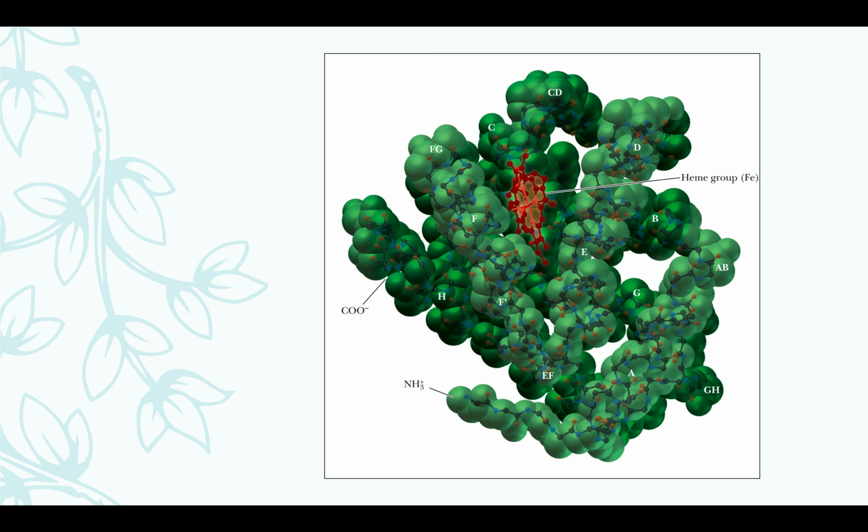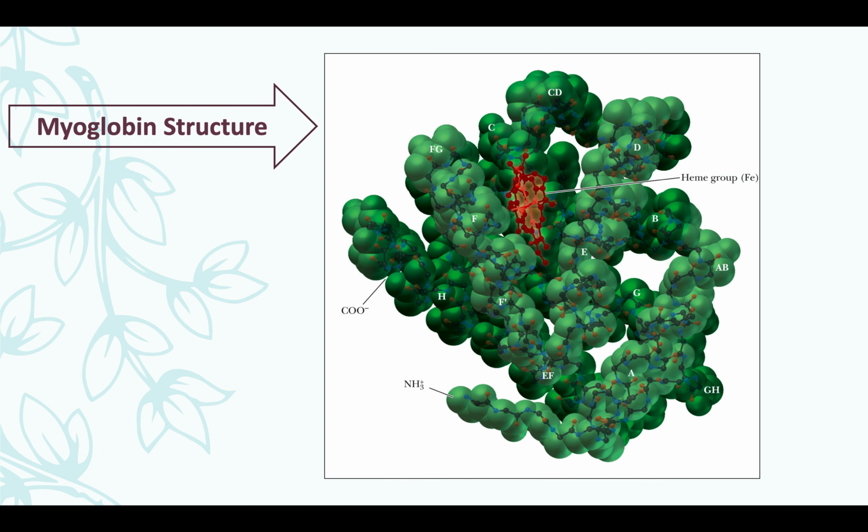Okay, so this is the structure of your myoglobin. Note here that myoglobin can only bind one oxygen molecule because it only contains one heme group. Shown here in red is your heme group, which is located in your hydrophobic pocket.